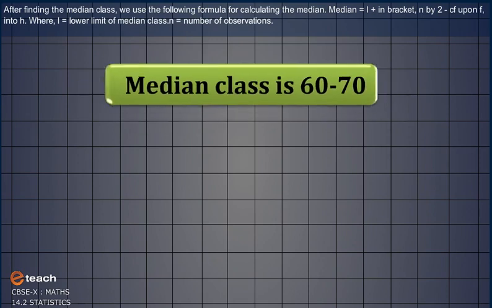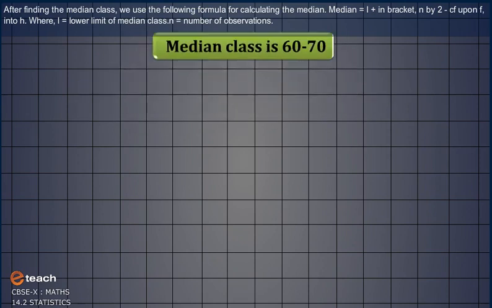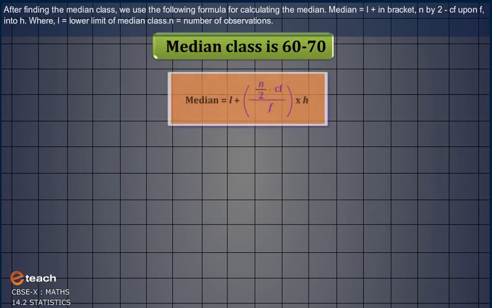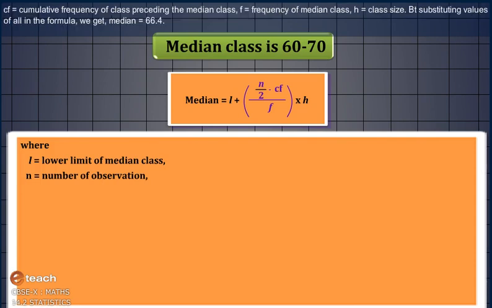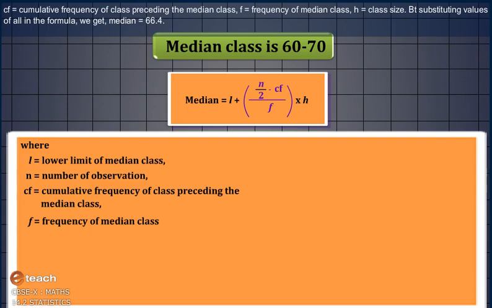After finding the median class, we use the following formula for calculating the median. Median is equal to L plus, in brackets, n by 2 minus CF upon F, into H, where L is equal to the lower limit of the median class, n is equal to the number of observations, CF is equal to the cumulative frequency of the class preceding the median class, F is equal to the frequency of the median class, H is equal to the class size.